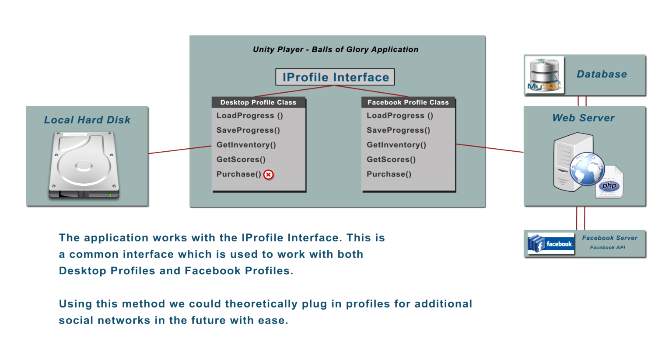So because we're going to be using a single iProfile interface used by our desktop profile and our Facebook profile classes, this does mean that when developing the desktop profile in stage 1, things may appear to be coded in a slightly more complex or odd way than is otherwise required. For example, when we initialize a desktop profile object, it's going to be a completely synchronous operation. It's going to simply scan the hard disk and find all profiles on the current system, open and load in that data.